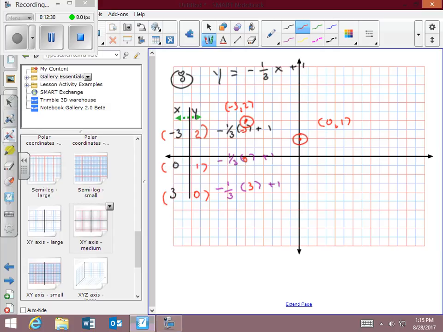And then (3, 0). Now we'll check, make sure that we've done it right. Looks correct. Looks like we got it right because we're plotting those 3 points and they're all going to be the same line.